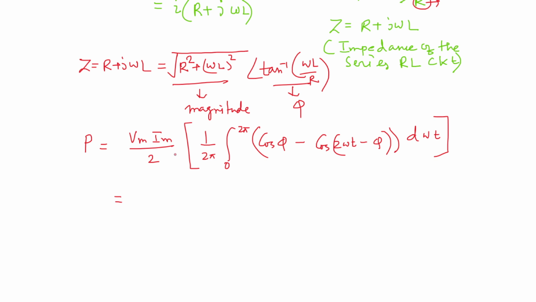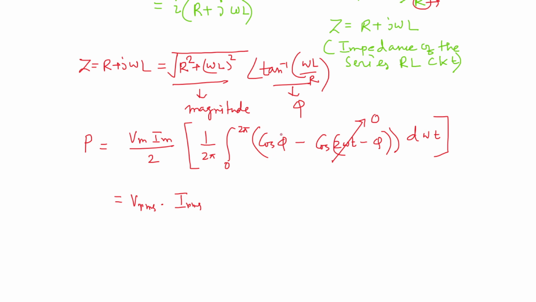Now this term has already been discussed, it will be V RMS into I RMS. As far as the second term is concerned, it is 0 because it is a cosine function of time, so integration over a complete cycle is 0.